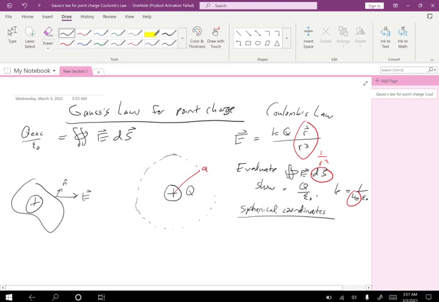Okay, and remember that dS is the normal vector times the area. So that normal vector is easy. Just by inspection, it should just be the position vector divided by its length. And the area, I've gone through this in a previous video.